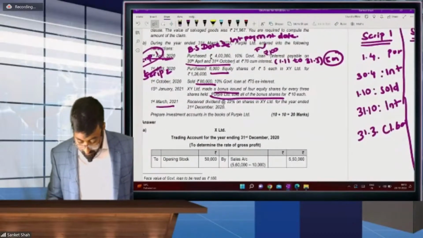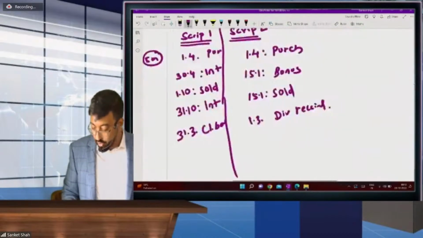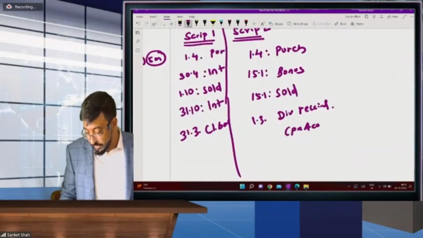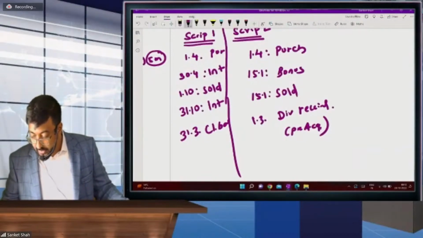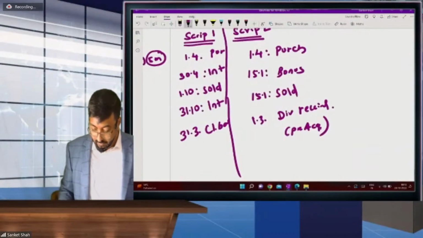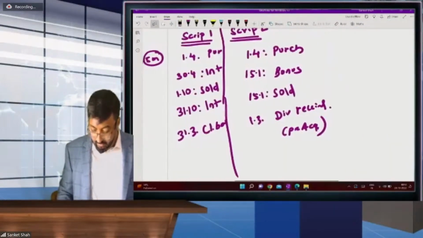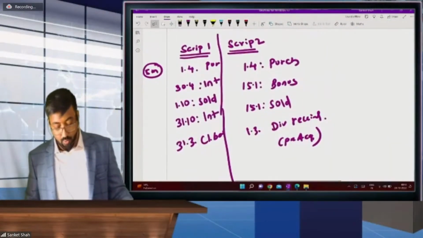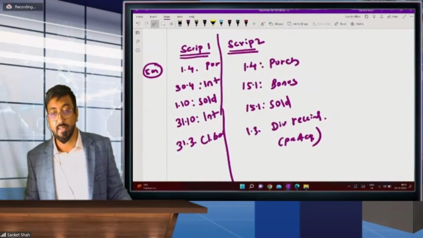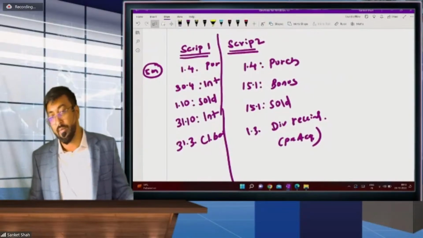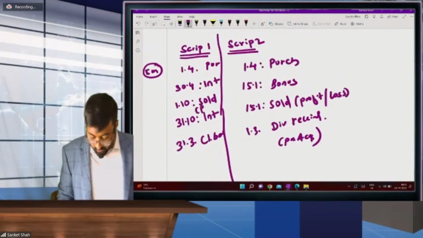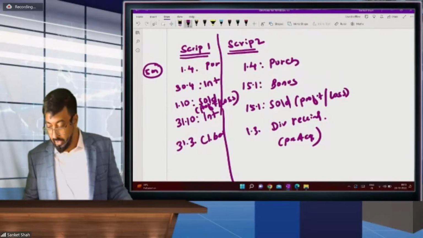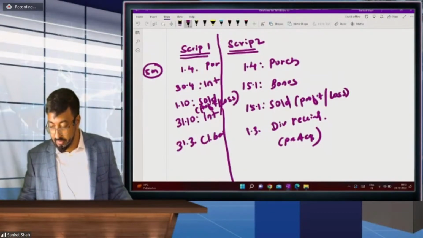This dividend is a pre-acquisition dividend, so it goes to the credit of investment. Script 1 is debentures and script 2 is equity shares. Whenever sold, you have to calculate profit or loss here also. So there are 2 profits or losses.